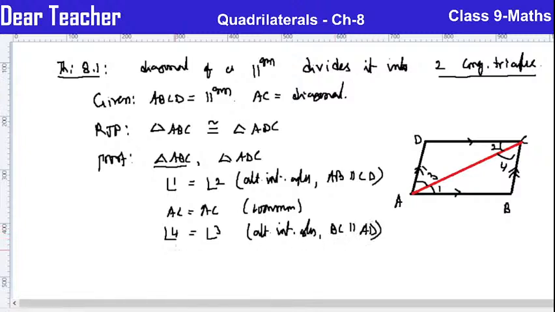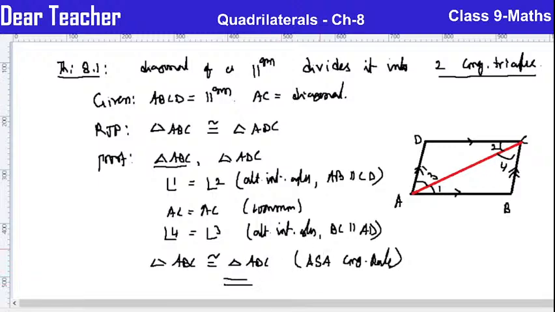So then triangle ABC is congruent to triangle ADC by, sorry, ASA congruency rule. So this is what is to be proved.